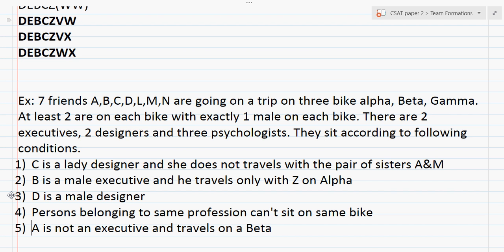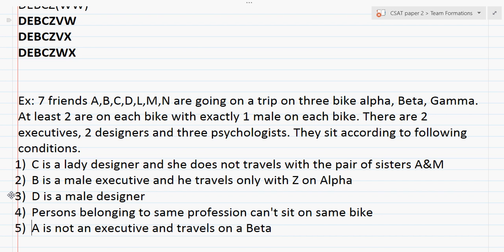Seven friends A, B, C, D, L, M, N are going on a trip on three bikes, alpha, beta and gamma. At least two are on each bike with exactly one male on each bike, right?